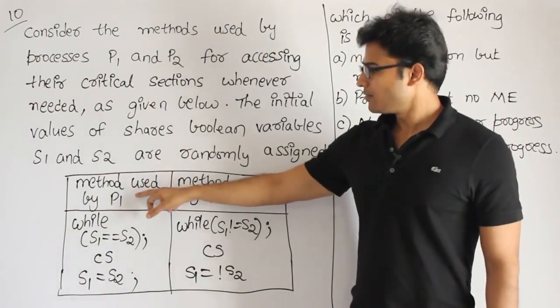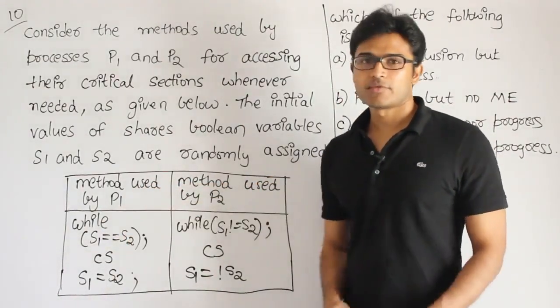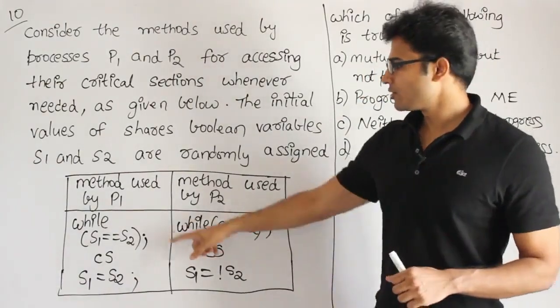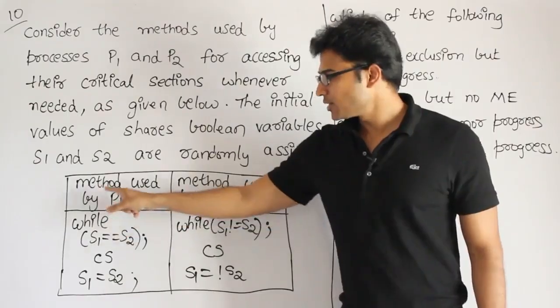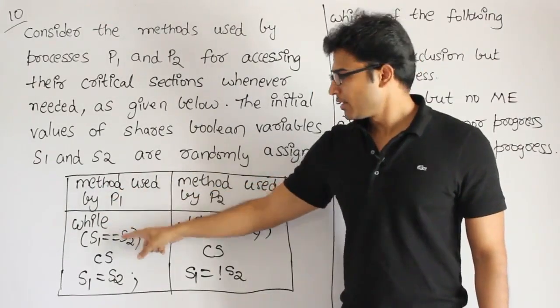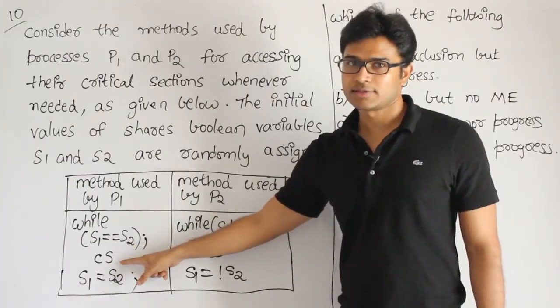See this, P1 is going to do this: while s1 is equal to s2. So whenever s1 is equal to s2, it is going to remain in the infinite loop. As long as s1 equals s2, it will keep on doing this while loop, right? Whenever s1 is not equal to s2, it will break the loop and get into the critical section.